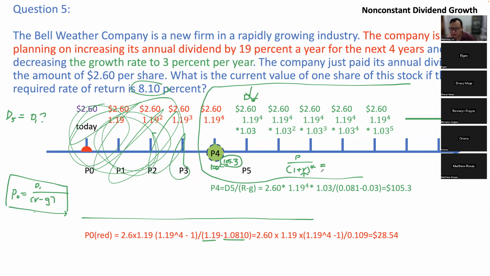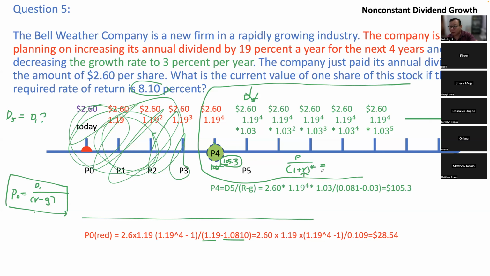Yes, thank you. Yeah, so basically you can figure out a value at any time point. In this case, I have a formula that's very convenient for me to do P4. You may ask why I do P4 and not P3.